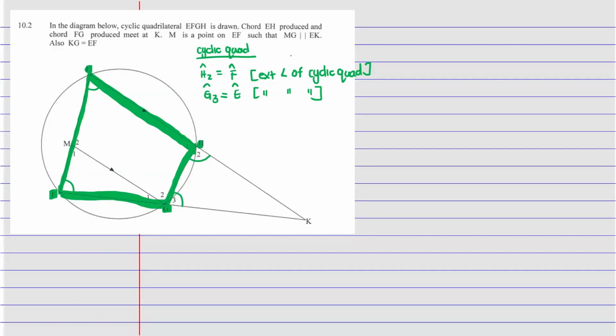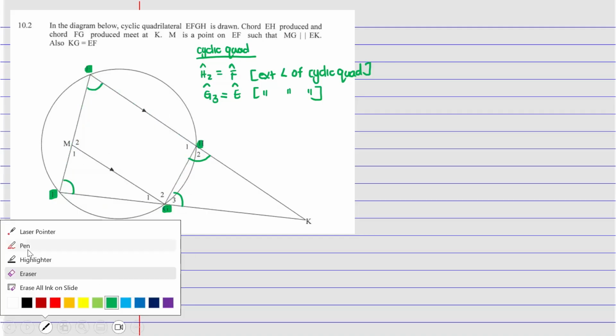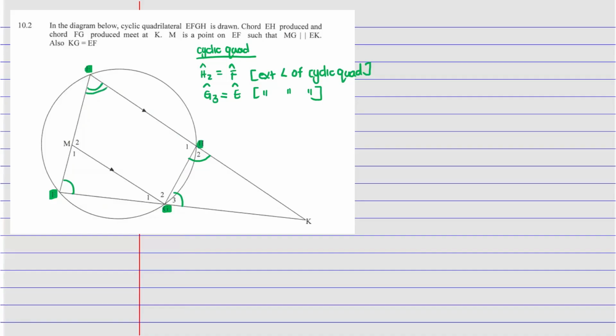So that's that. Then they tell us that we have a chord. Let me erase this because we have put in the information. Let me emphasize who is equal to whom with double lines, so you can see who is who.